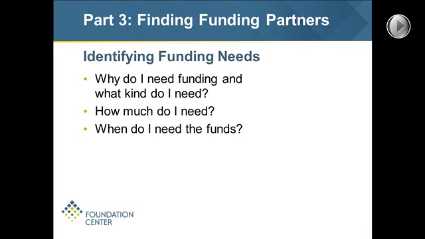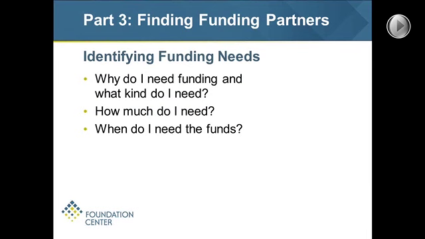So you have to make sure that you have at least 3 times as much funding requests out there as you need money. If you need $10,000, you need $30,000 at least, maybe 50, but at least 30 to get that $10,000, because not everybody's going to say yes. So make sure you have enough people on your prospect list to get you the amount of money that you need.